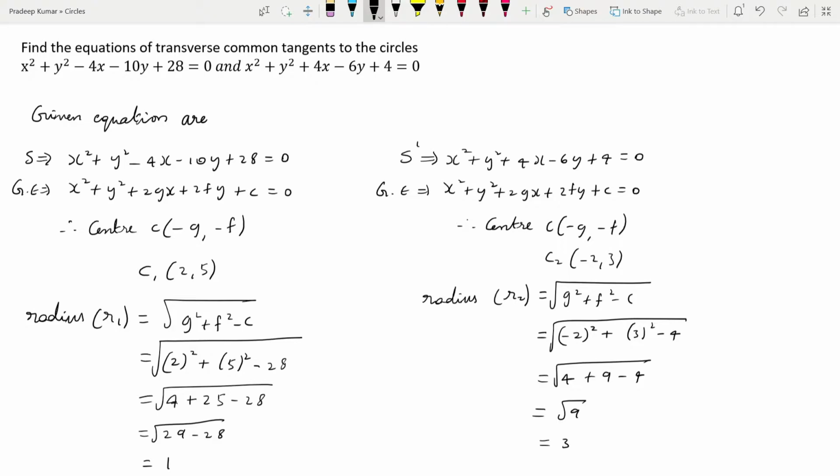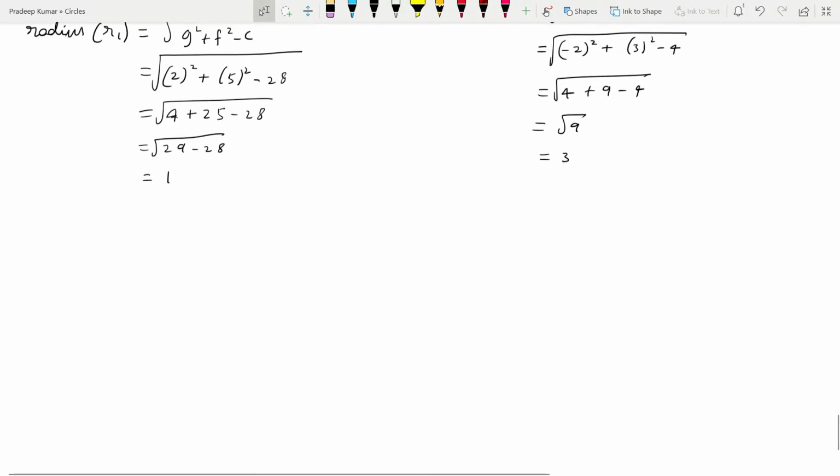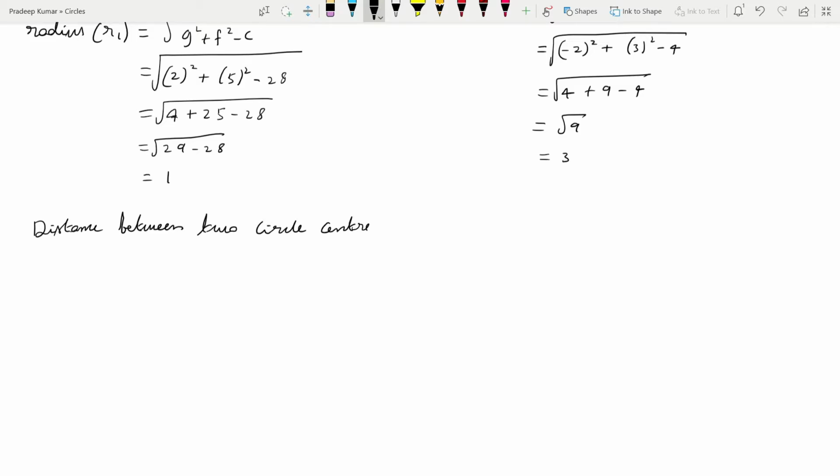We also have the center of the first circle and the center of the second circle. So we are now finding the distance between the centers of the circles. I can write here the distance between the two circle centers, C1C2. I use the distance formula to find the distance between the two centers.